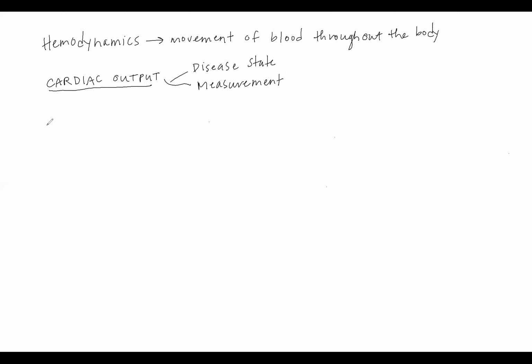So this could be things like sepsis, right? This could be things like dehydration. This could be things like states of shock. That could be perhaps septic shock, cardiogenic shock, lots of different forms of shock that can come up.